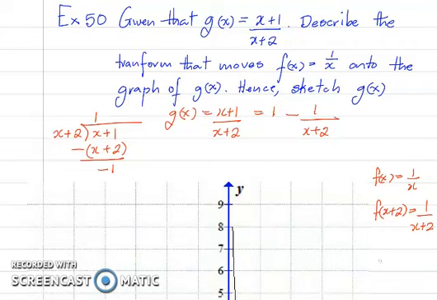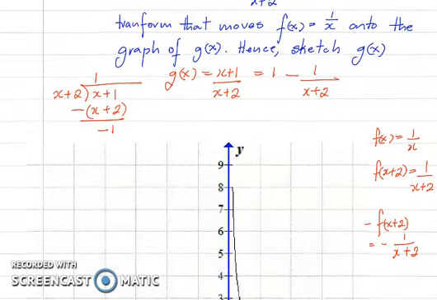Then I'm going to have minus f of x plus 2, which is the same as saying minus 1 over x plus 2. All right, and that would be a reflection in the x-axis.